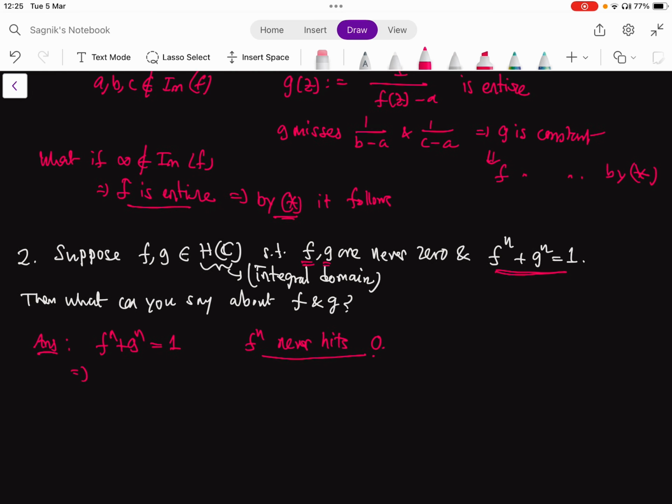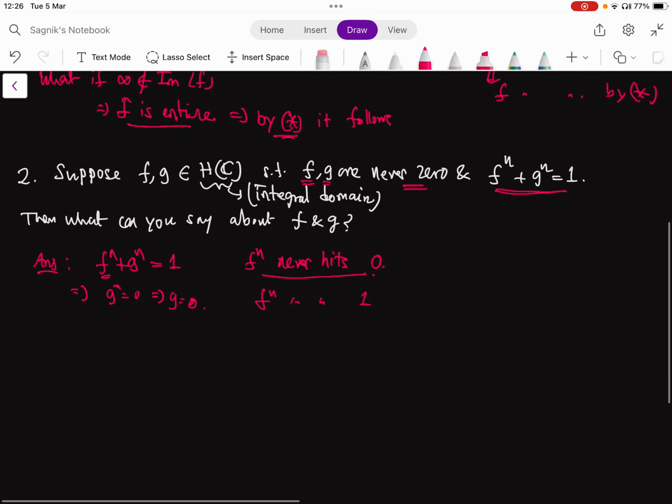And also f to the n never hits one, because say if at some point this is one, this means g to the n is zero, meaning g is zero, but that is not the case here because g is nowhere vanishing. So f to the n is constant, right? So again by star, f to the n is constant.